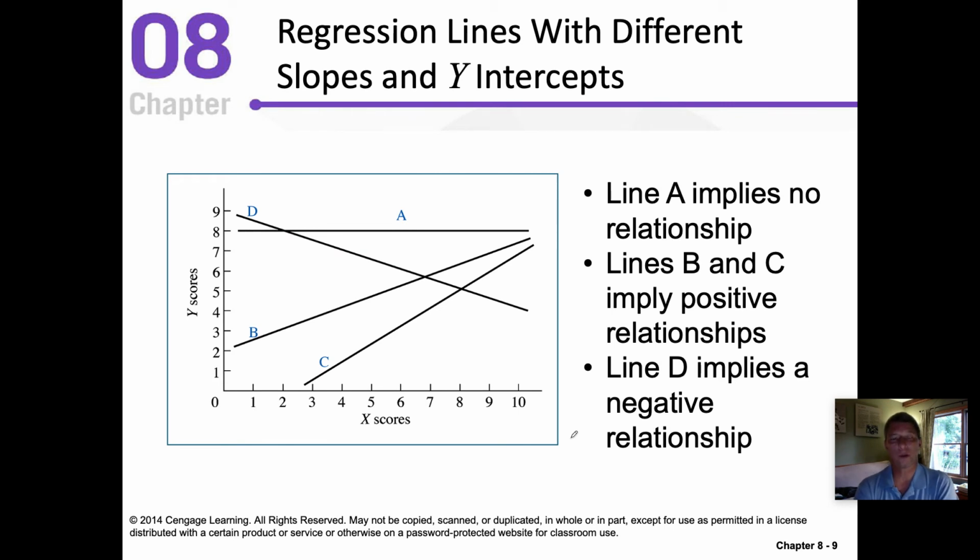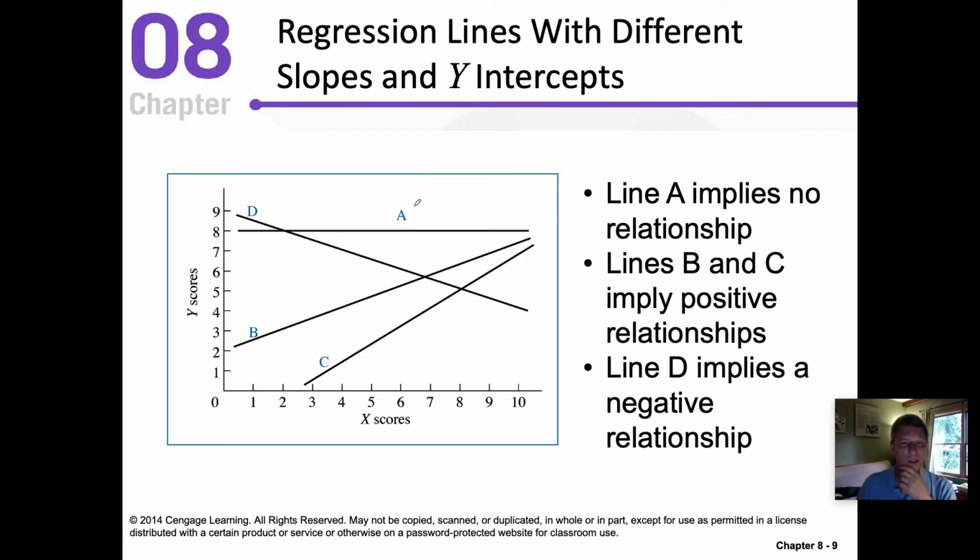Okay, so here are 4 examples of regression lines with different slopes and obviously different y-intercepts. If you look at line A, you'll notice that this is a perfectly horizontal line. So the slope there, the value of little b, is 0, and the y-intercept is 8.